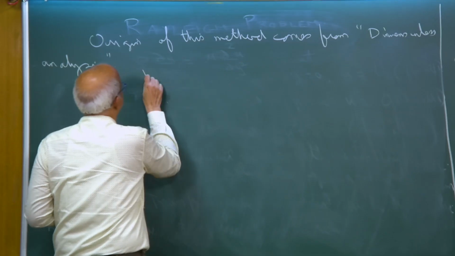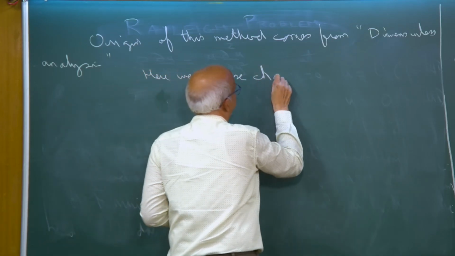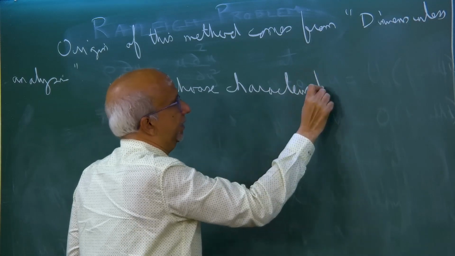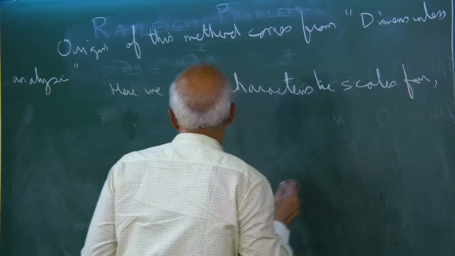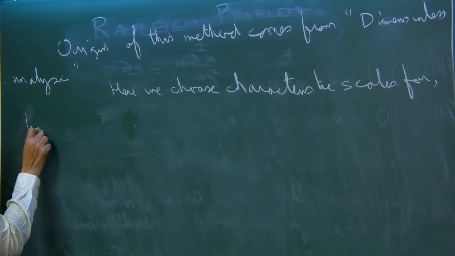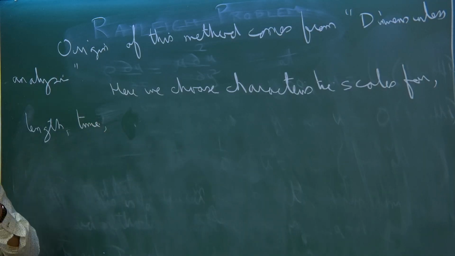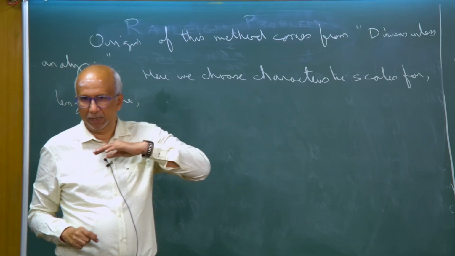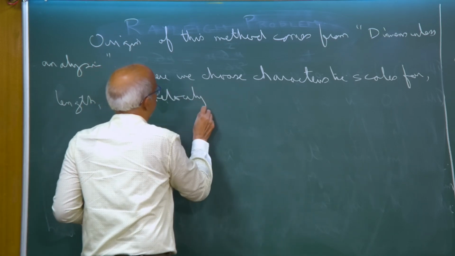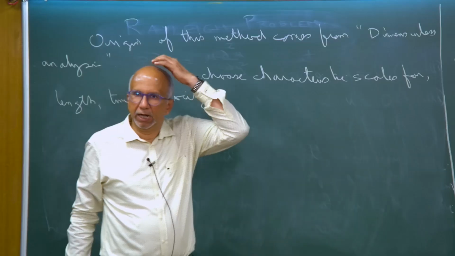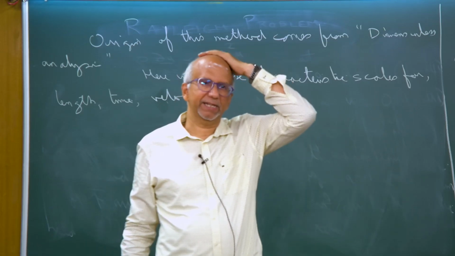Okay, here we choose characteristic scales for what is it? Length, time. These are the independent variables, length and time, spatial direction, length, time and velocity. Okay. So, in my problem, this Rayleigh problem that we are discussing, what are the characteristic scales which are available?